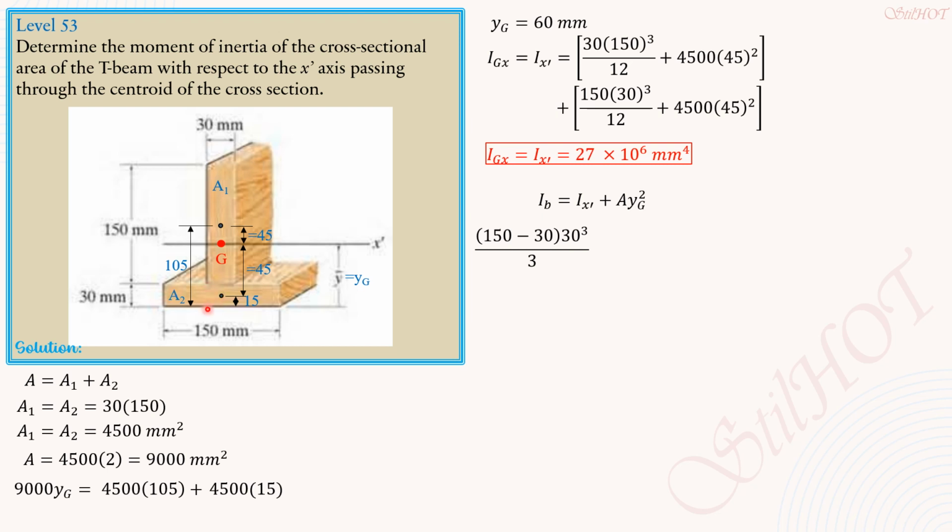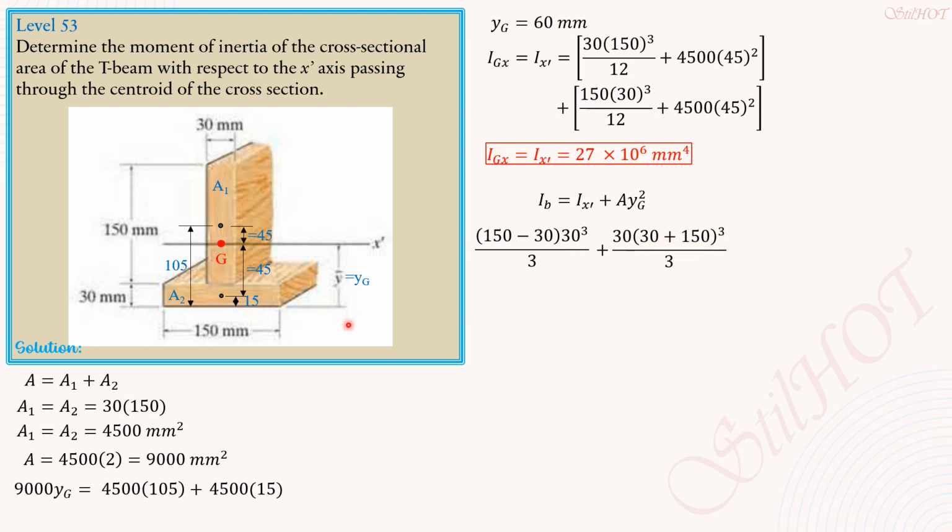So for these two wing rectangles combined, the base is 150 minus 30 times height 30 cube, then over 3 because it is with respect to the base, plus the moment of inertia of this rectangle with respect to the base, 30 times 180 cube over 3, where 180 is 30 plus 150.